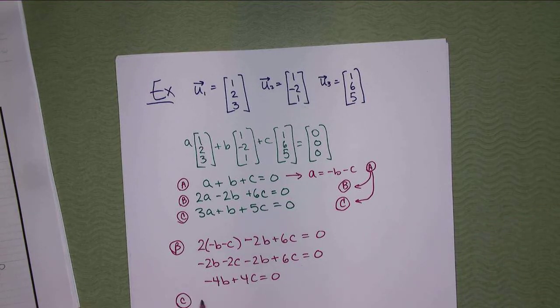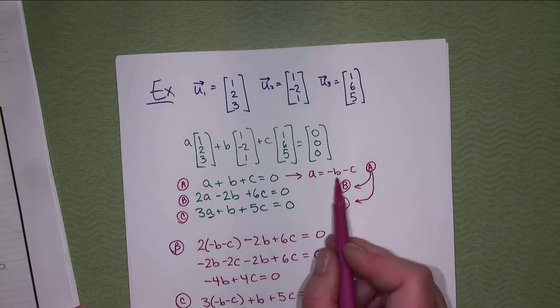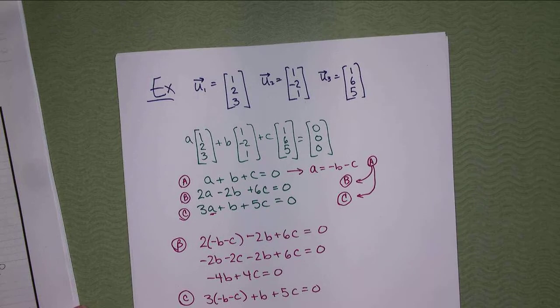So 3 times A. I was just writing this, and instead of A, I was putting minus B minus C. And then just work it out.